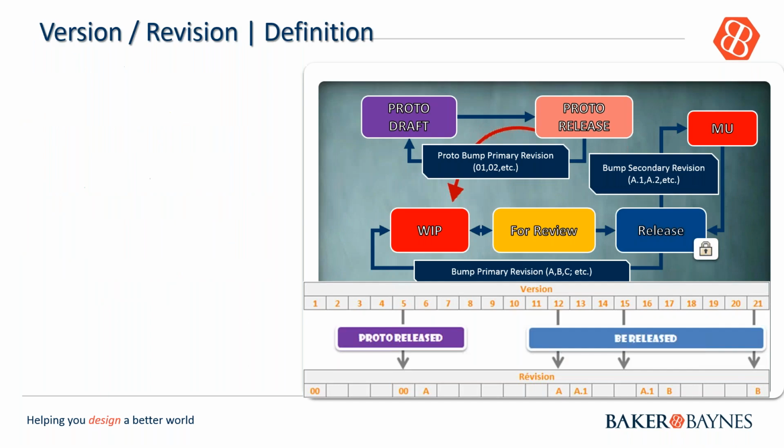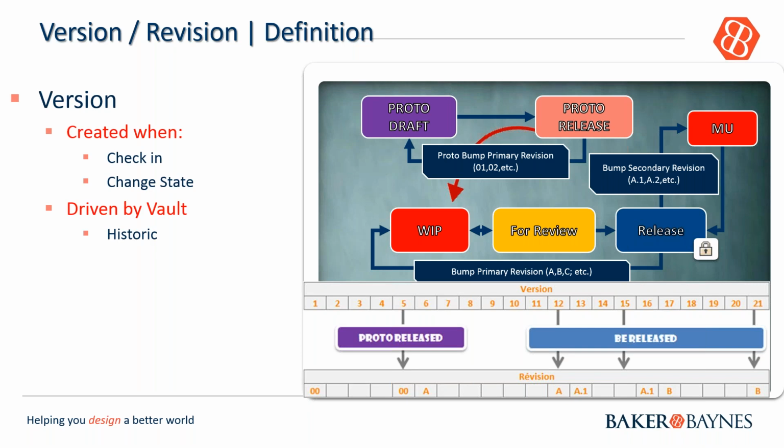Now, if we look at it in here, there's revisions and versions that come into it. So there's a big difference here between the revision and version. Let's have a look at a version. What is a version? A version is when a design is created, when it's checked in, or if you change a state, the file gets a new version, right? It's driven by history, so it's driven by what has happened.